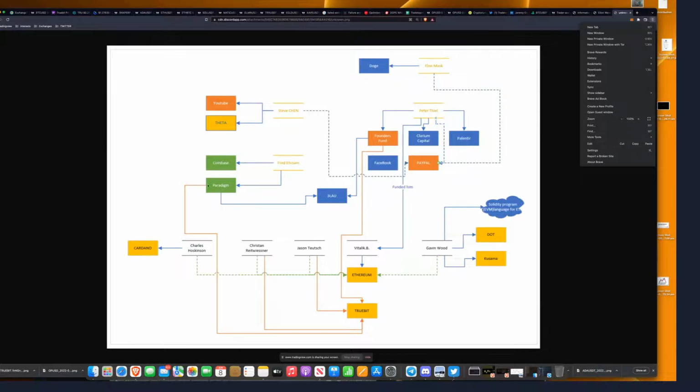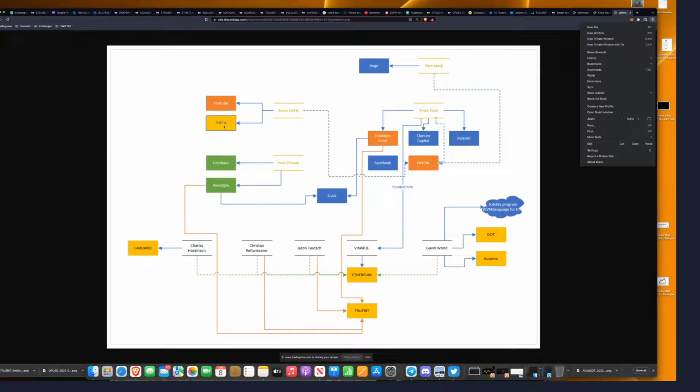He's part of Paradigm. Paradigm is a $1 billion company of investors. When it comes to TrueBit, Peter Thiel is also part of this. So Peter Thiel is directly involved with TrueBit.